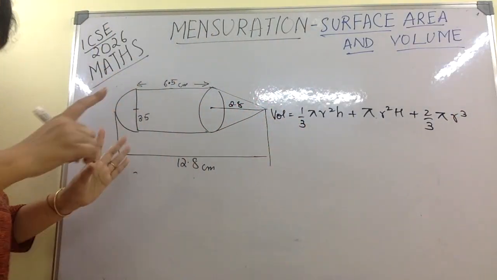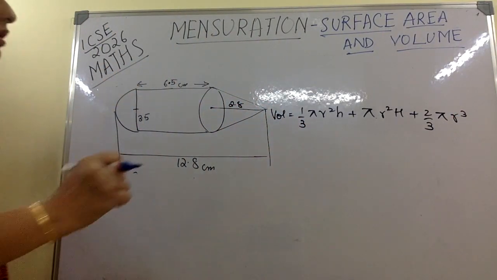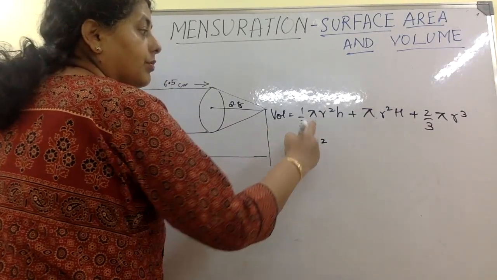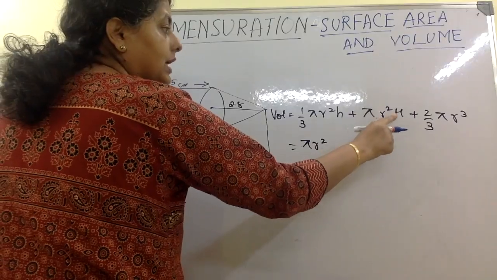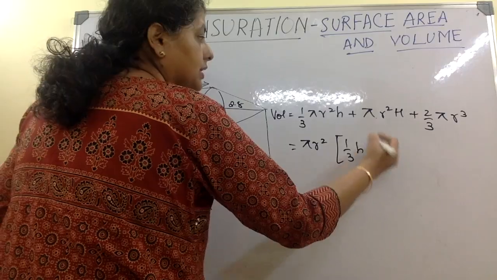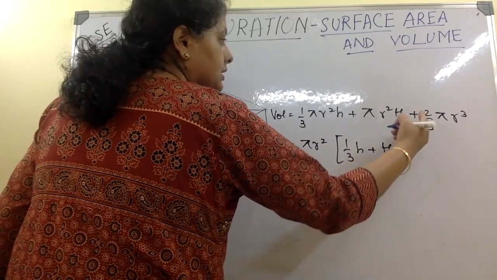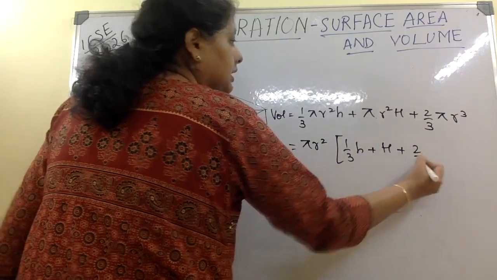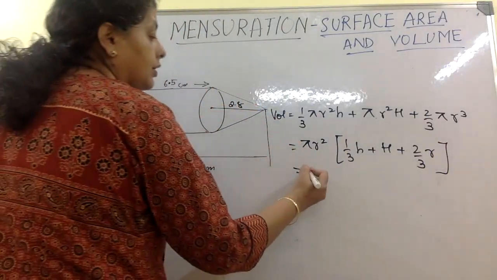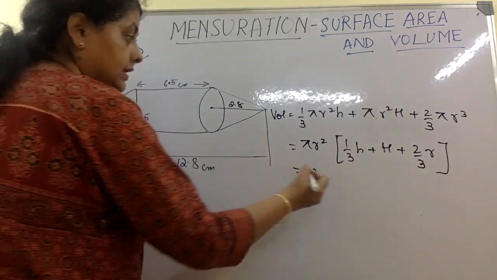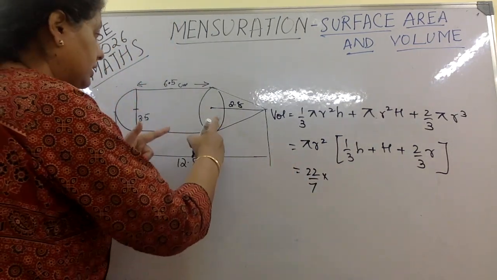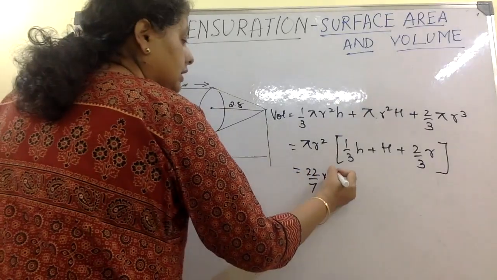Radius is same throughout. Now, first we will take pi r square out, since there is one pi r square in all of them. What is remaining is 1/3 h plus H plus 2/3 and only 1 r. Since the sum has not given me the value of pi, I will write 22/7, and r is 3.5.